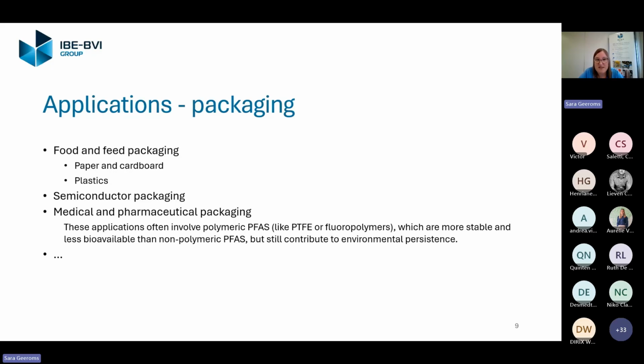Now, in the last group, we see that it's mainly focused on polymeric PFAS, which are a bit more stable, but are still part of the PFAS group and thus can lead to contamination with PFAS of the environment.